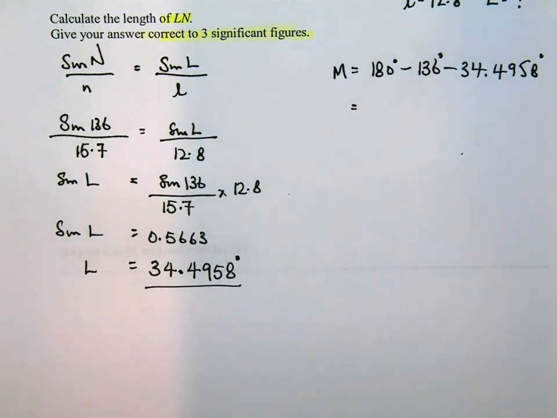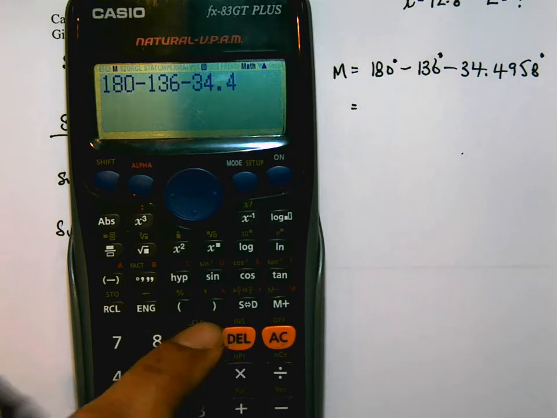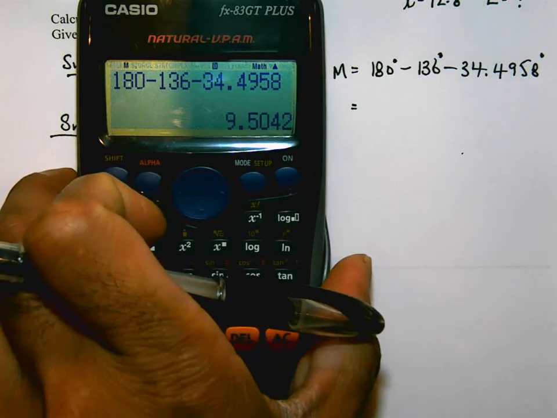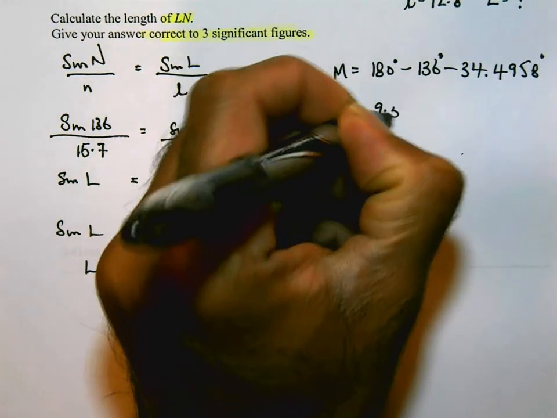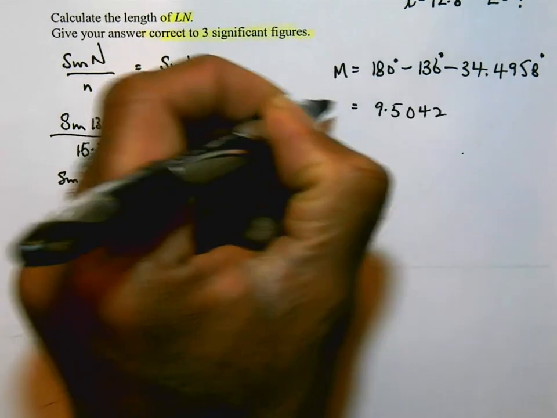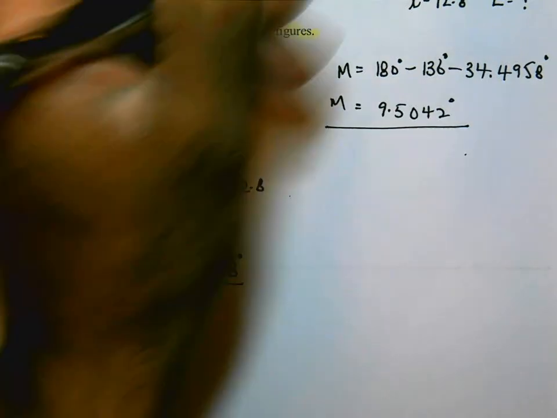Let's do that. 180, take away 136, take away 34.4958 equals, I've got 9.5042. 9.5042. That's what angle M is. So I've just worked out what angle M is up there.